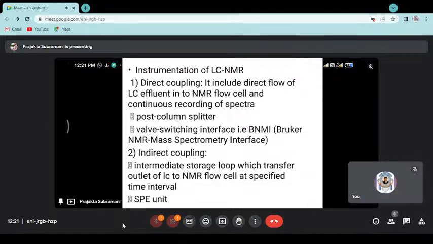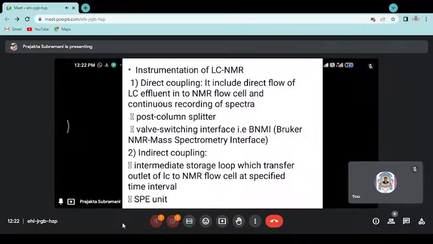At this time the chromatography stops and the NMR experiments are performed. Once the NMR experiments are completed, chromatography resumes until the next peak is found. Means in this stop flow method, the separation is stopped for some interval.